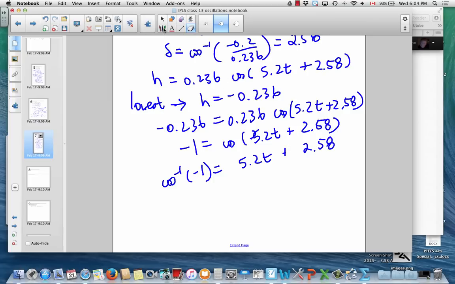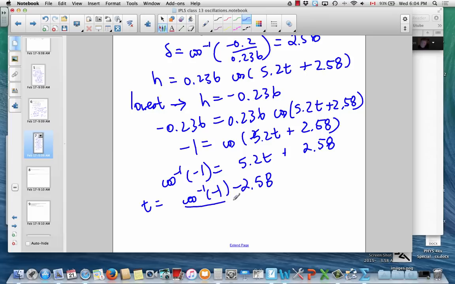And now to solve this for time, so we're going to bring this over and divide by 5.2. And we were asked to find all the times, so this is an expression for all of them, but we still need to say which angle has an inverse cosine of negative 1. What is the inverse cosine of negative 1?